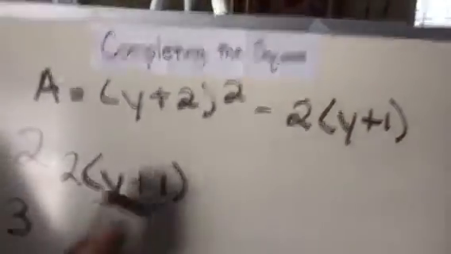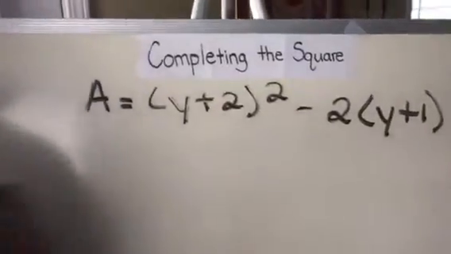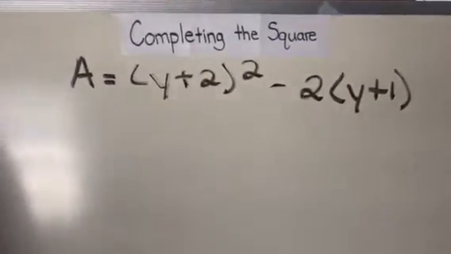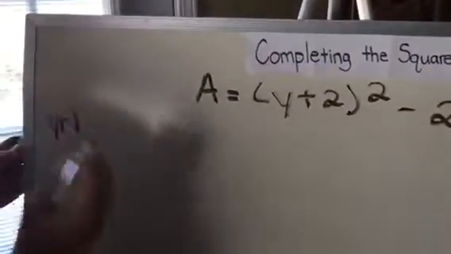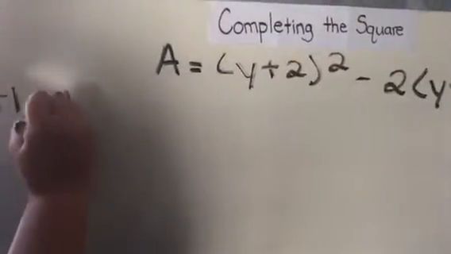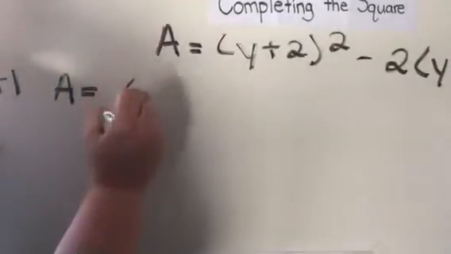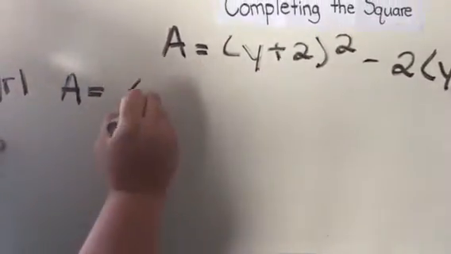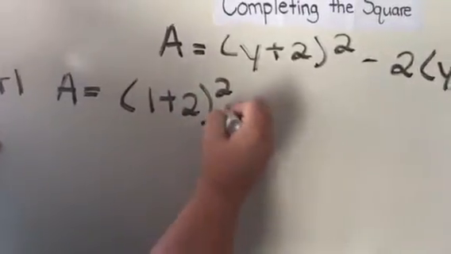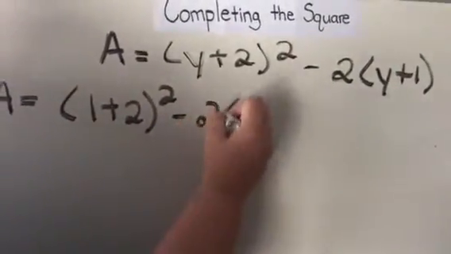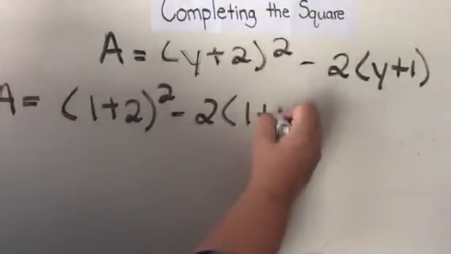Let's test this. For year 1, area equals y, or 1, plus 2 squared minus 2 times 1 plus 1.